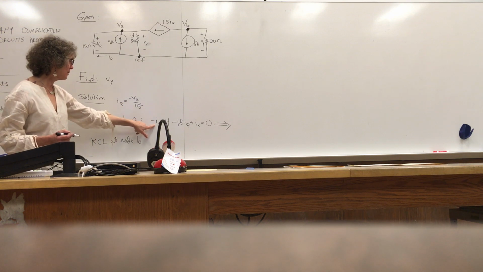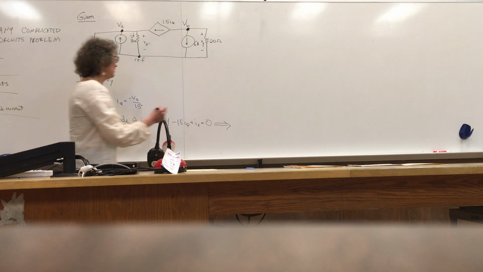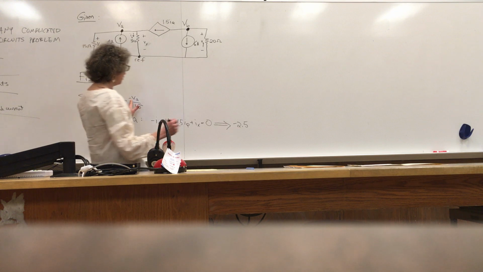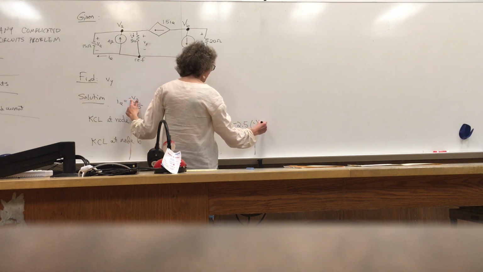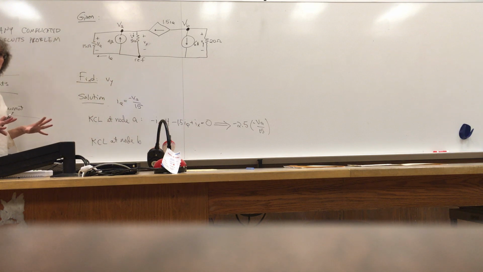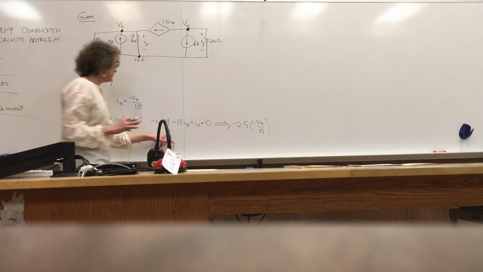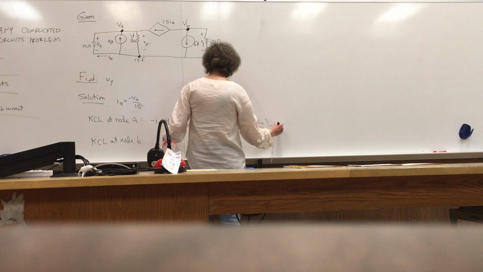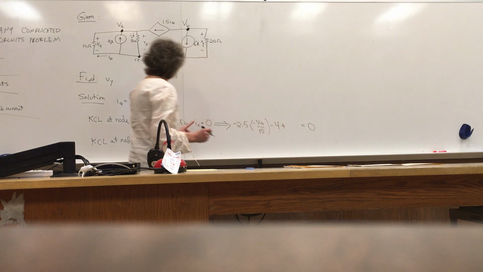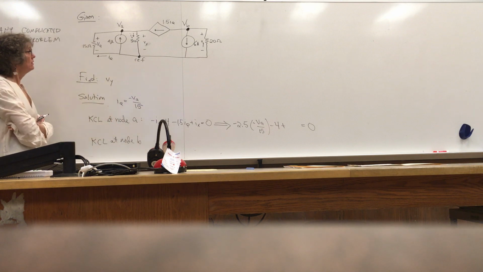Let me combine these. We've got minus IQ minus 1.5 IQ, so that's minus 2.5 IQ, but I'm going to substitute minus VA over 15 for IQ because I just want node voltages. Okay, and then minus 4 plus IX is equal to 0. Can I write IX in terms of a node voltage?